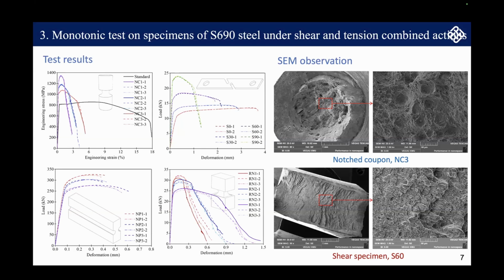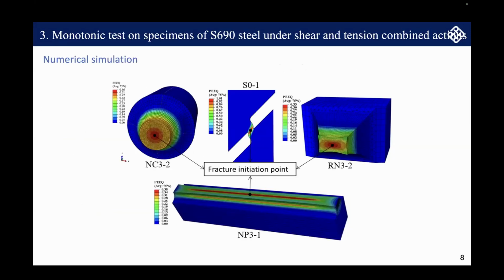But when the fracture is triggered by shear, the dimples become small and elongated. Then the numerical model is established in Abaqus based on the measured data, and based on this, we can read and compare the stress state of the specimen.